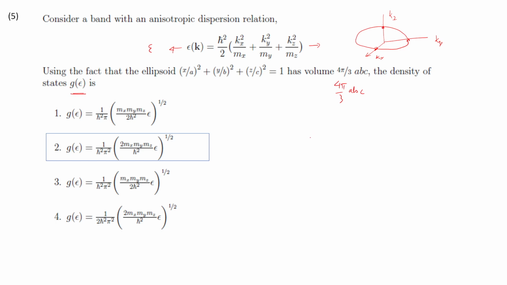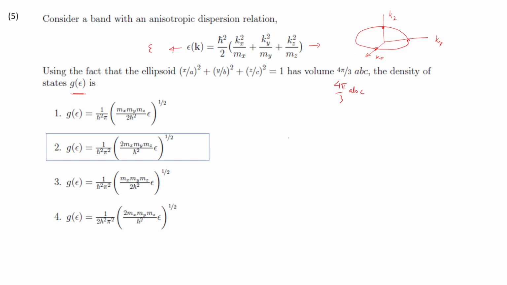If you remember the way we derived it for the isotropic case, in which mx, my, mz were the same, we could take the mass common and take it out, so the energy would be h bar square by 2m into k square. But now it is a different case. So how did we find the density of states?